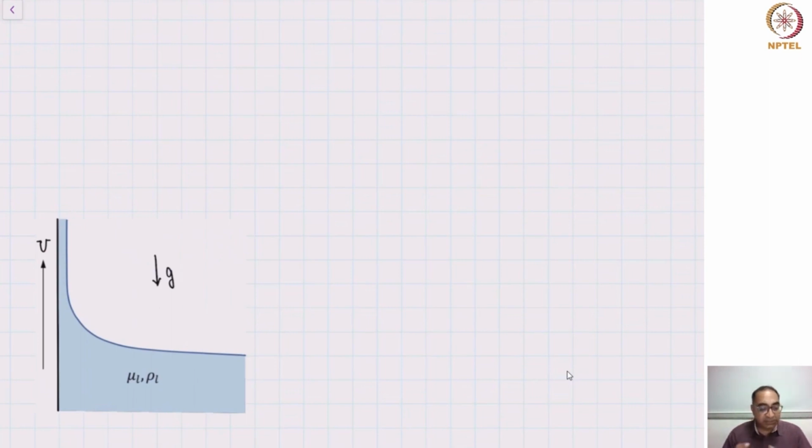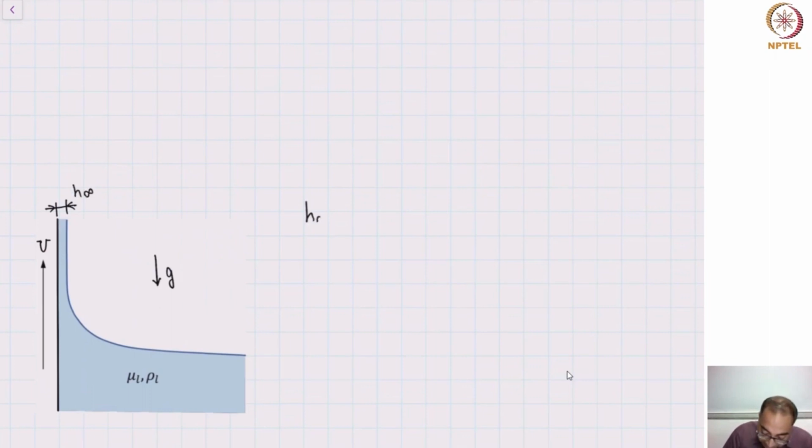In general, we are only interested in the liquid; the role of the air above is not very vital, and it can be ignored. So the question that we are interested in asking is, what is the thickness of this coating? We'll call it H infinity, as a function of liquid parameters.